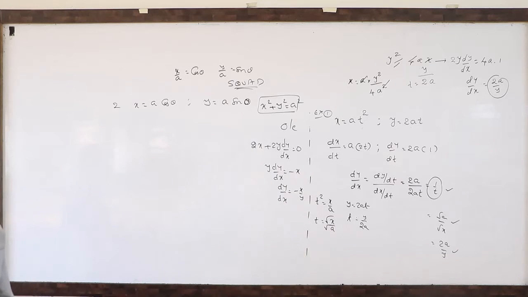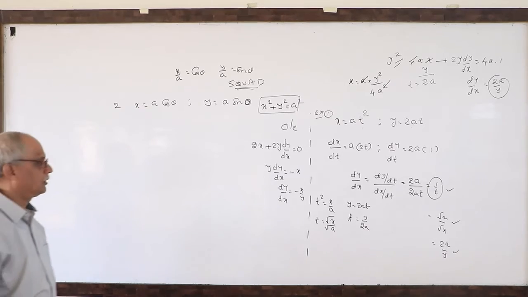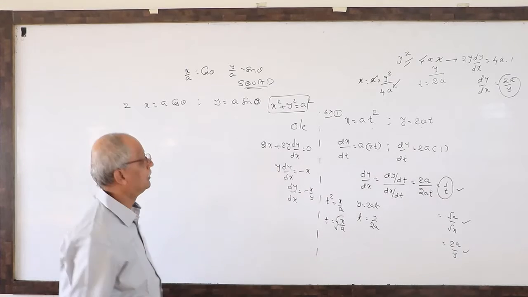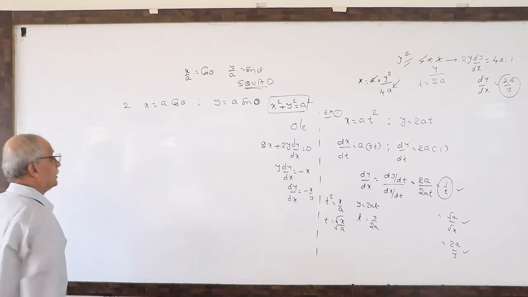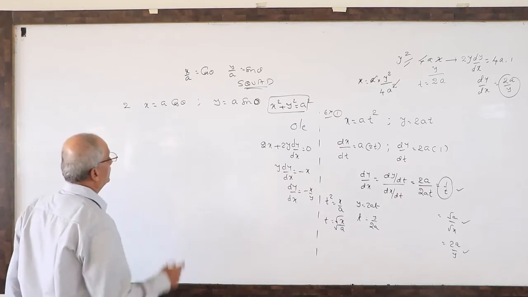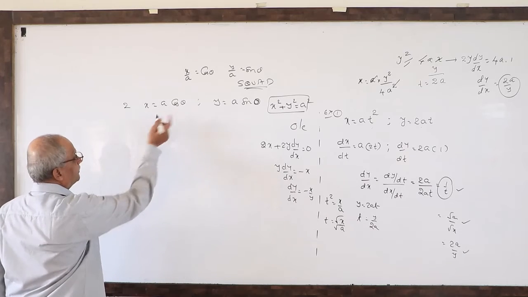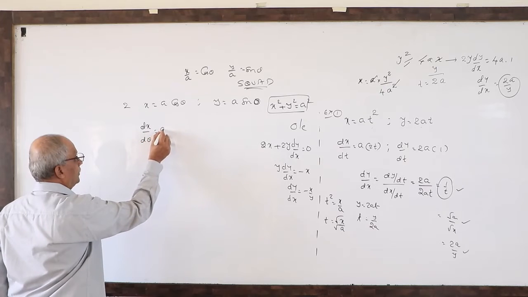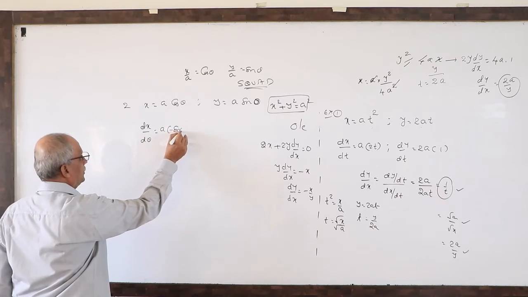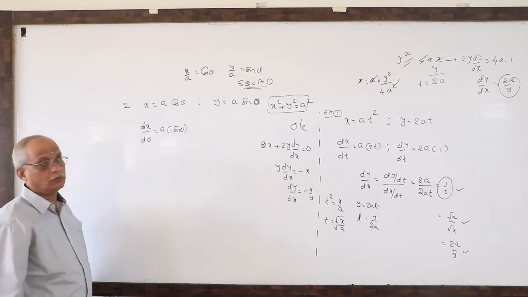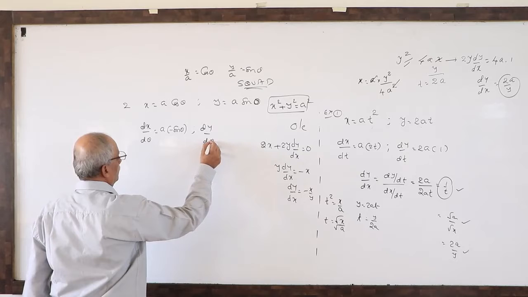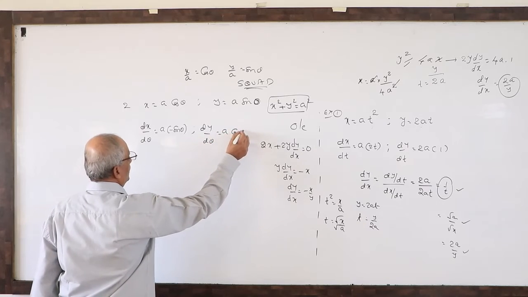It contains both x and y. This is called directly differentiating the equation in terms of x and y. But if you apply the above method, x is in terms of theta: dx by d theta is a into minus sin theta, and dy by d theta is a into cos theta.